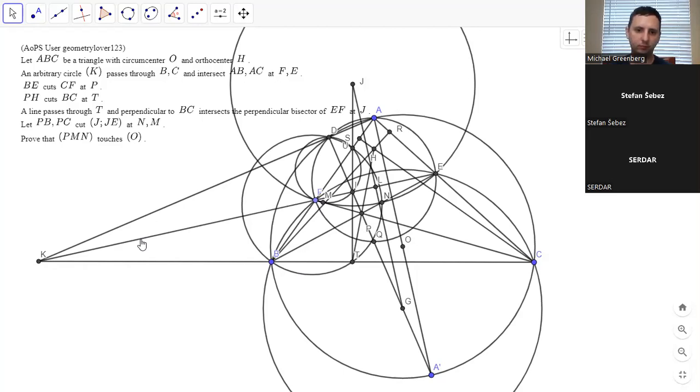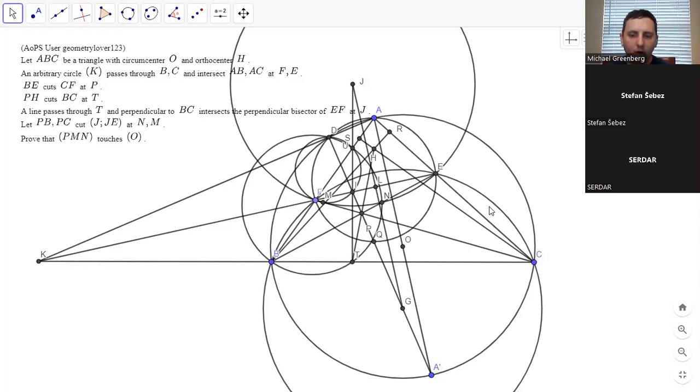Okay, and do we know where N goes under it? Yeah, I don't know.